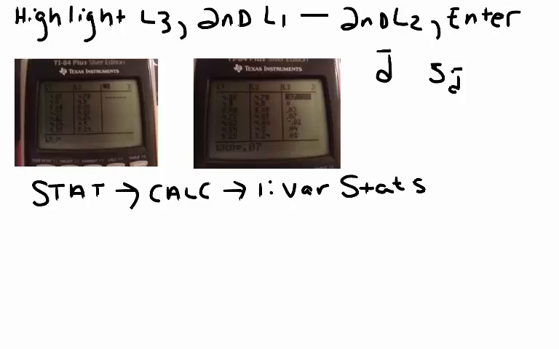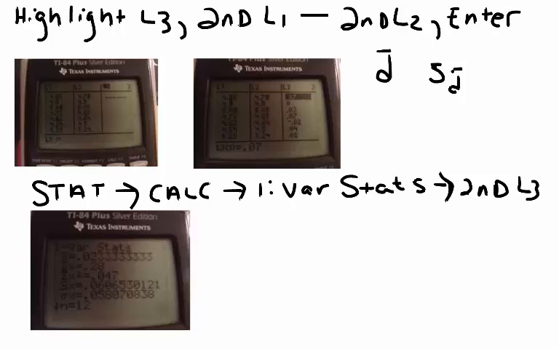After you press enter, you'll be able to assign the list that you want to generate your statistics from. And so we'll choose second L3, and it should look like this, where x bar is D bar, the mean of our pairwise differences, and Sx is the standard deviation of D.